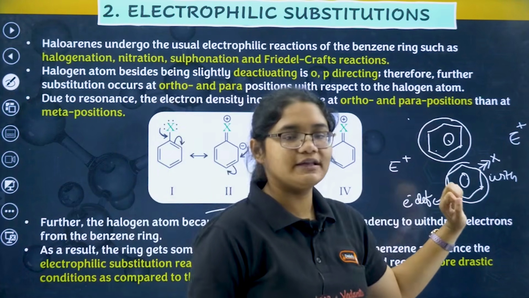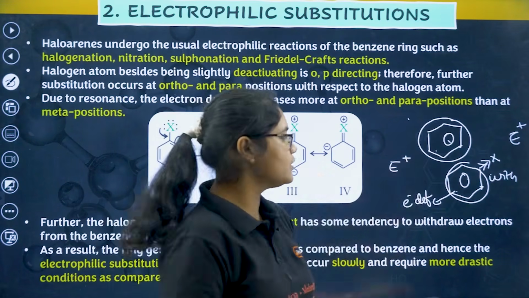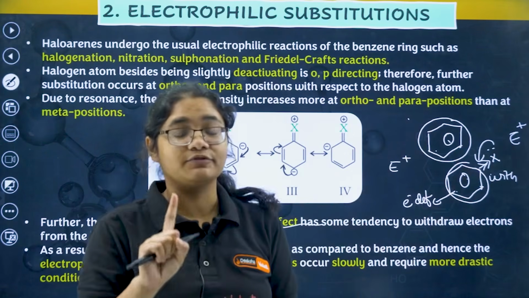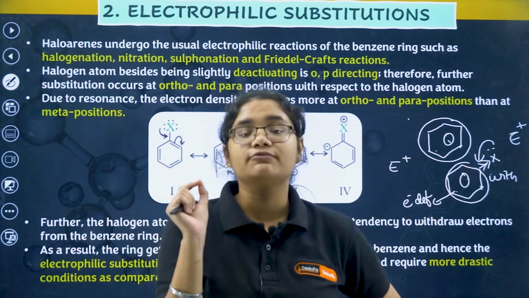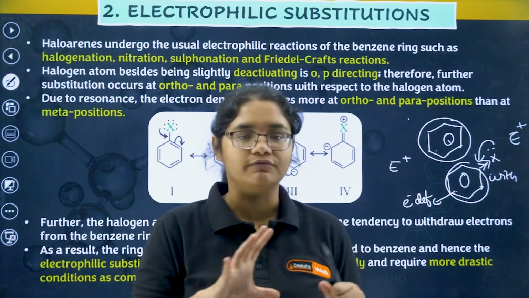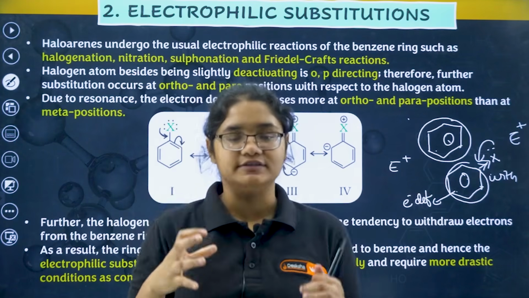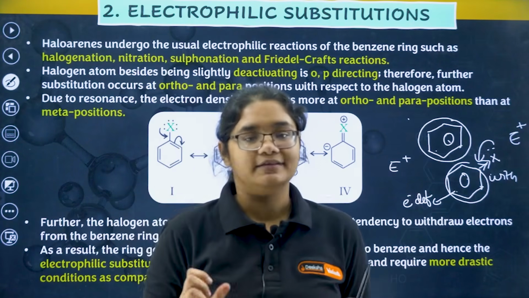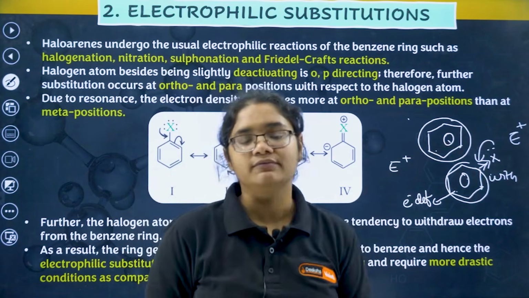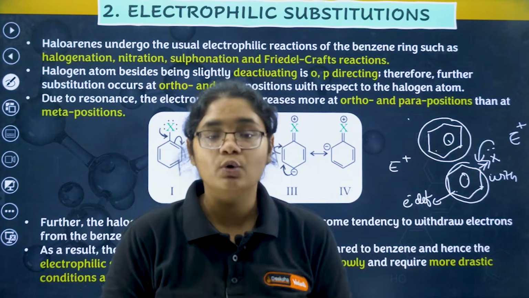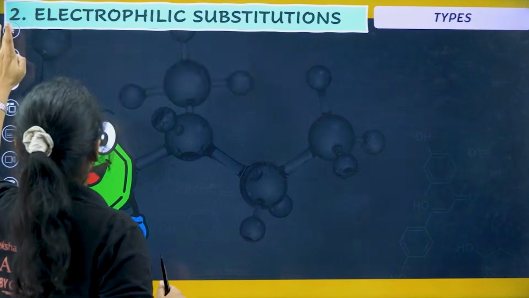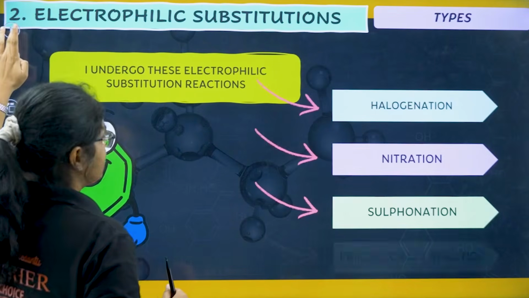But in haloarenes, no doubt it is electron donating, but if you remember, in halogens the minus I effect is more dominant. So overall it is withdrawing electrons and deactivating the ring slightly, so it will react slowly with electrophiles.